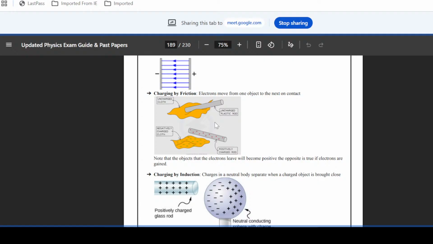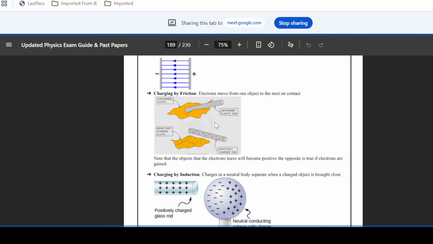Then you bring a charged object close enough that it will cause the electrons in the neutral object to respond to it. So if you bring a positively charged object close to a neutral object, the electrons will migrate to the side that's closest to the rod.